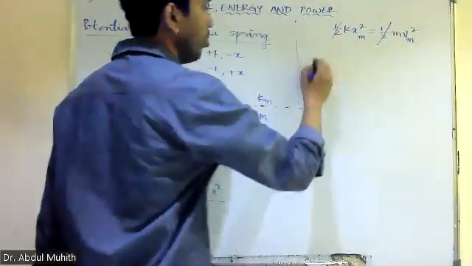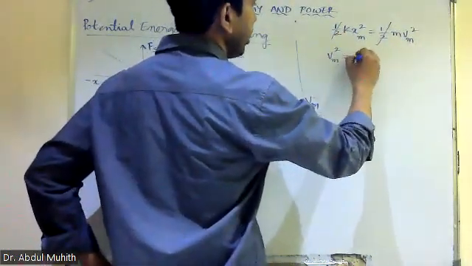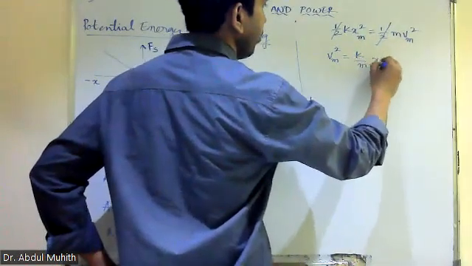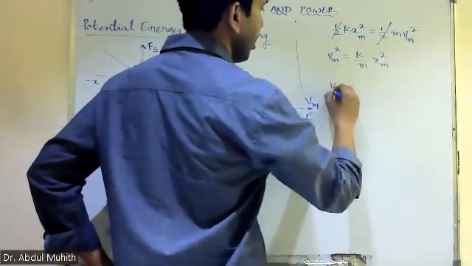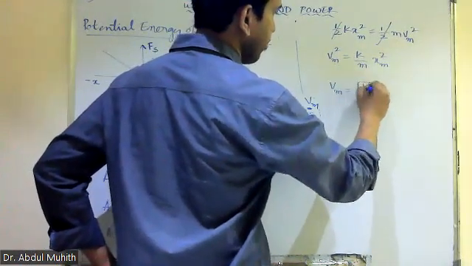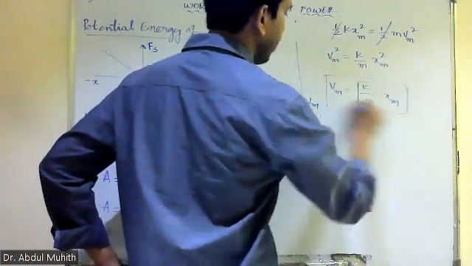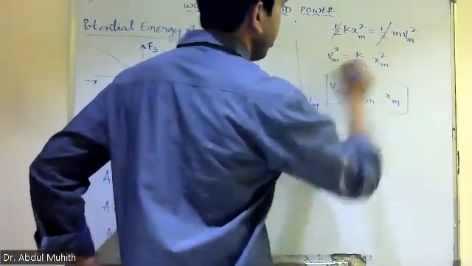So this and this will go away. We get vm square equal to k by m into xm square. So vm equals the square root of k by m into xm. This is the formula to calculate the velocity of the spring mass system.